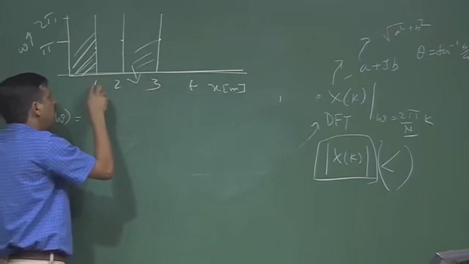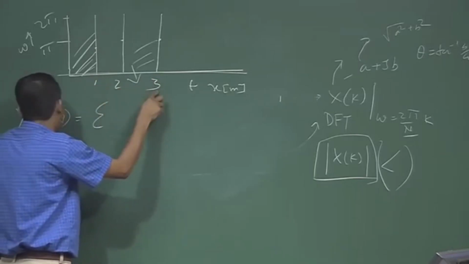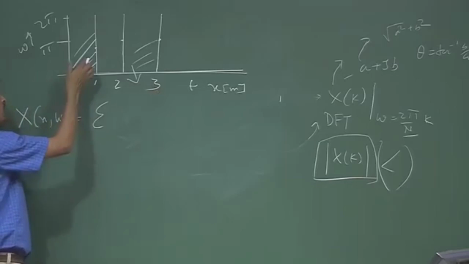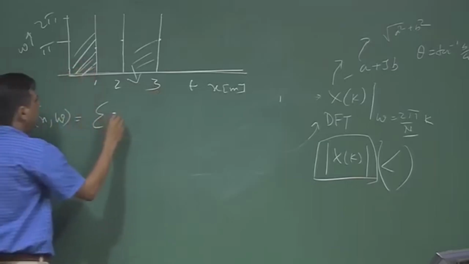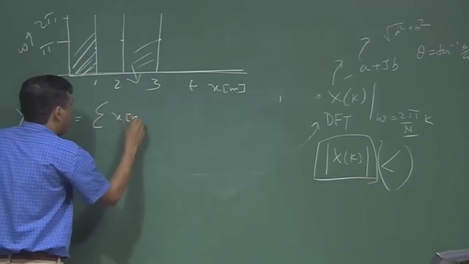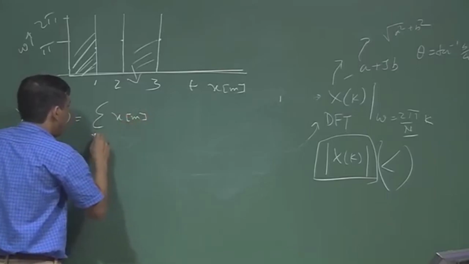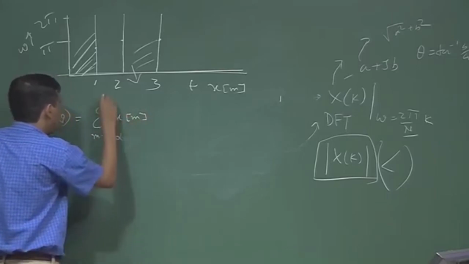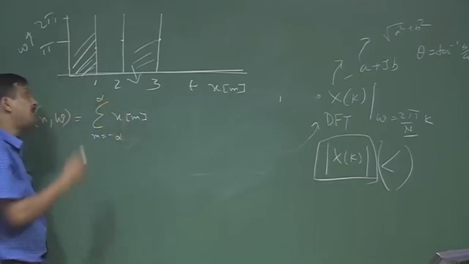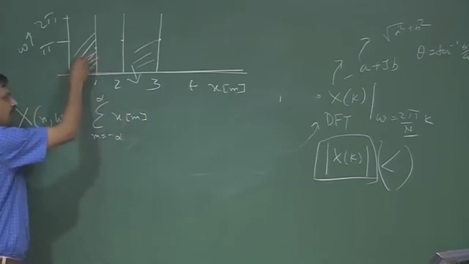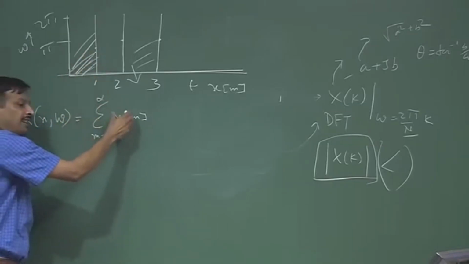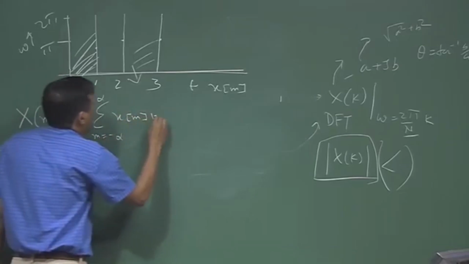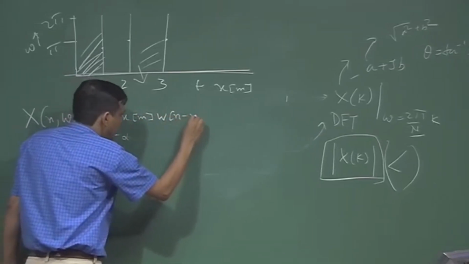This is n equal to 1, n equal to 2, n equal to 3, and n will vary. For this omega, it is the sum of x[m], m from minus infinity to plus infinity. I have cut the signal, which means I have multiplied this signal with a window function, w[n minus m].